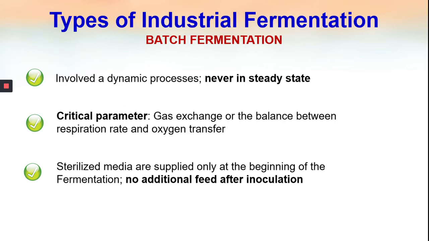As I said just now, batch fermentation is the simplest one because there is no additional feed inserted after the inoculation of the pure culture strain. An example of batch fermentation is for products that belong under secondary metabolites. Why is batch fermentation suitable for secondary metabolites?